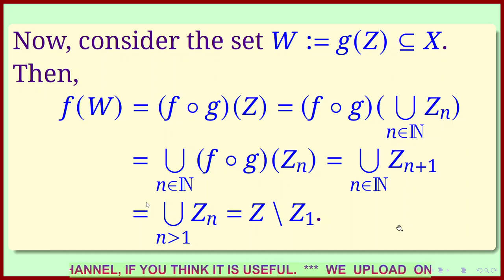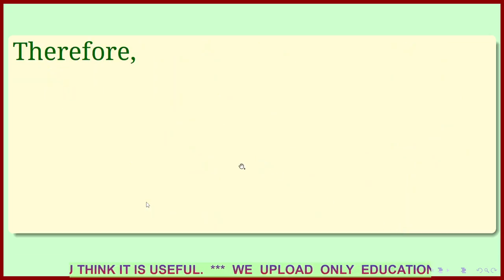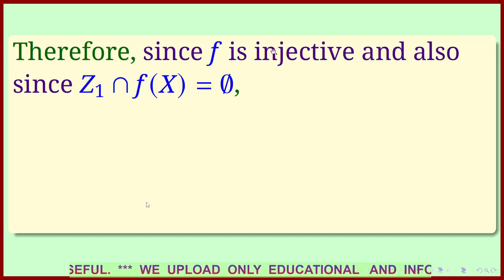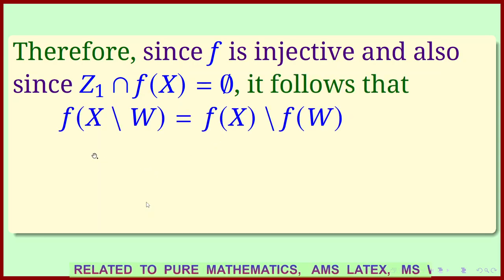Alright. Therefore, since f is an injective function and also since z1 intersection fx is empty, z1 being the complement of fx in y, and f is injective, given, f is one-one, it follows that what is the image of the complement of W in x under the function f? What is f of x minus W?